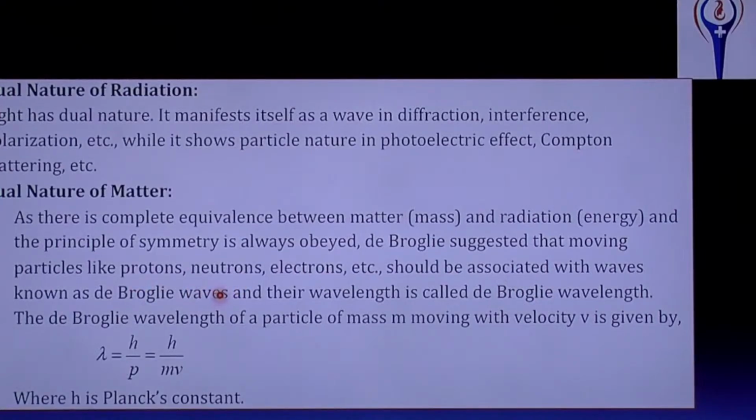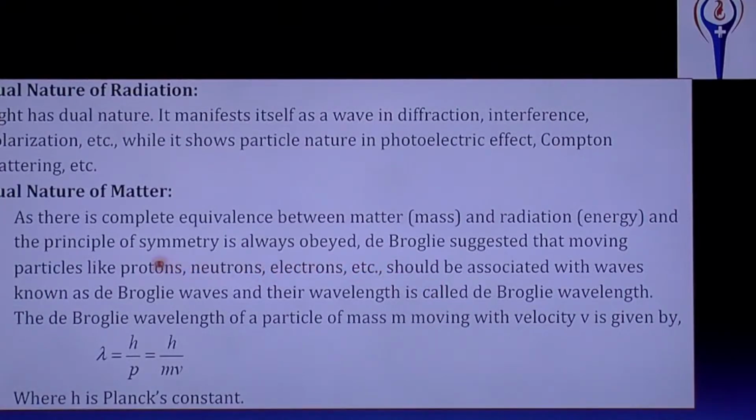We said light is a wave, and according to dual nature, light, which is a wave, can act as a particle. Then why can't a particle like an electron act as a wave? That is the de Broglie wave. But not all particles appear as waves. Only smaller particles like the electron can appear as a wave under certain conditions.